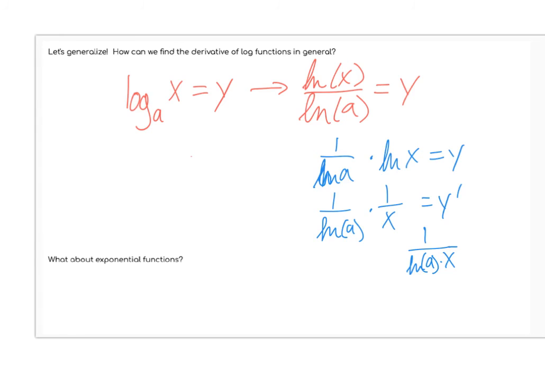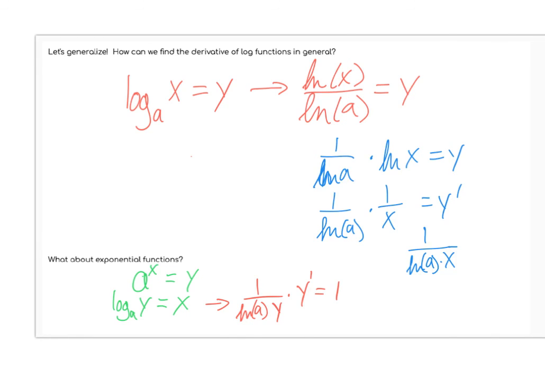For general exponential functions, so we're looking at like a to the x, we could do the same type of thing where I might convert this to log form first. So we're looking at this as log base a of y is equal to x. I could then take the derivative of this, and I'm going to end up getting, based on the rule we just did, 1 over ln of a times y, that's the wrong variable, so that's times y prime, is equal to 1.